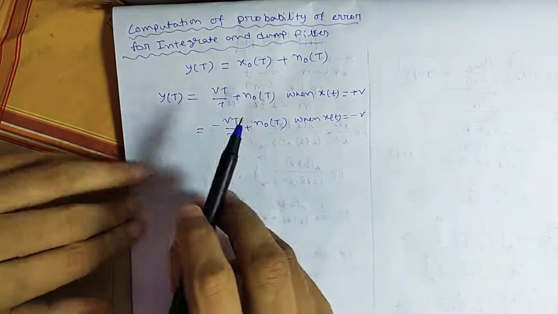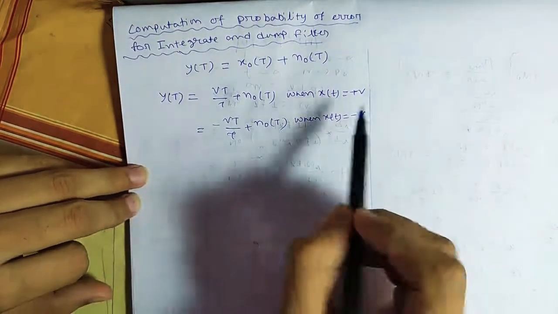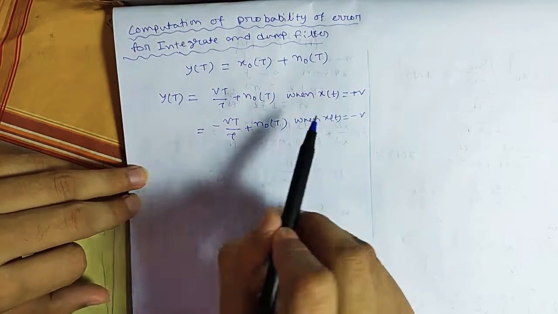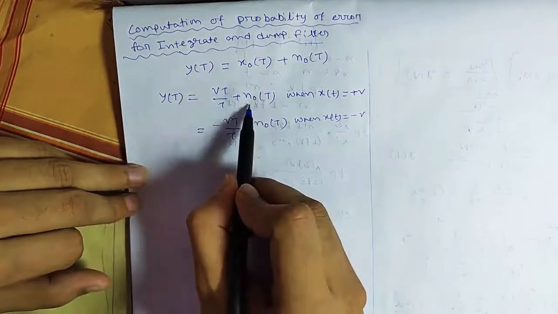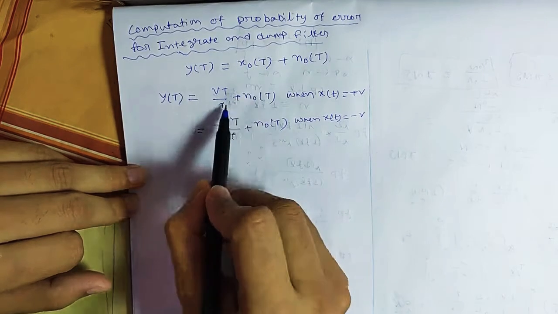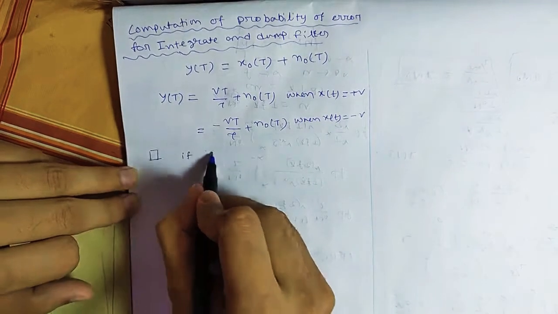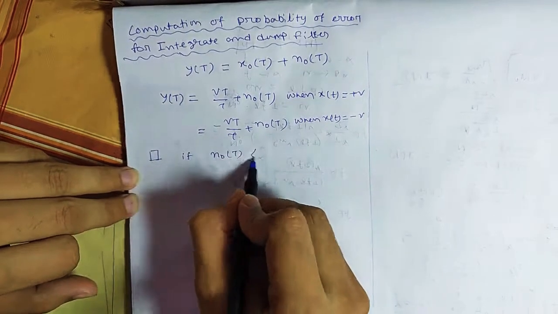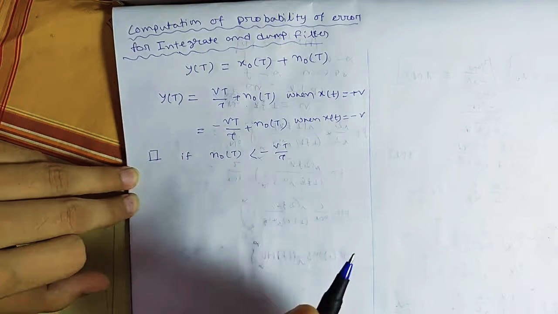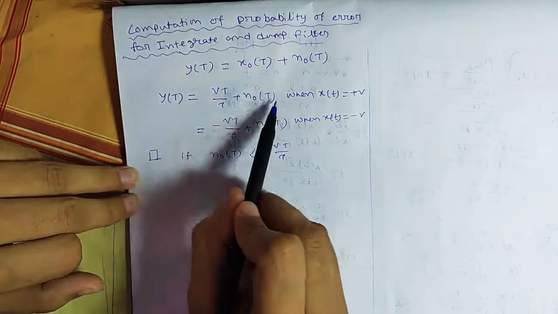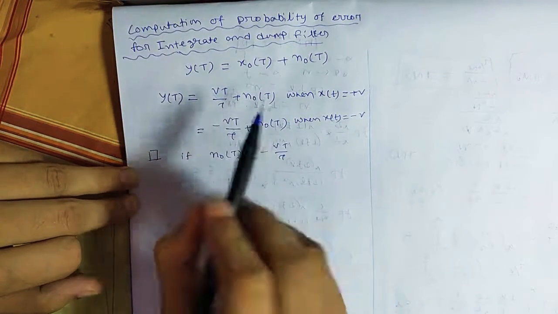So the output polarity depends on n0(t). For example, our transmitted pulse is plus V, and if n0(t) is negative and its magnitude is more than Vt by tau, that is, if n0(t) is less than minus Vt by tau, then this addition will be negative and y(t) will be negative.